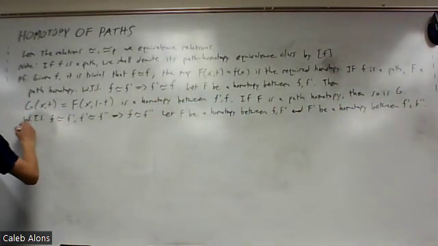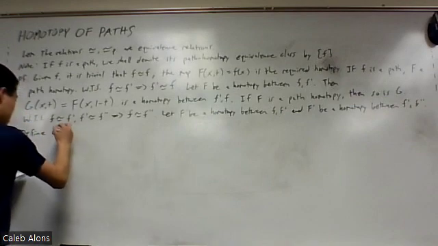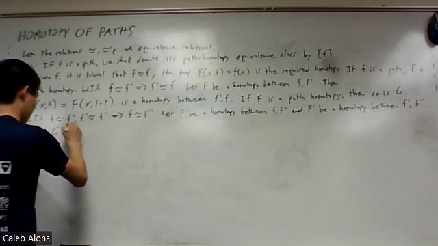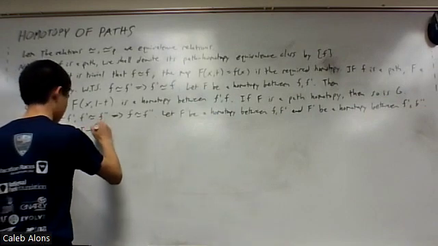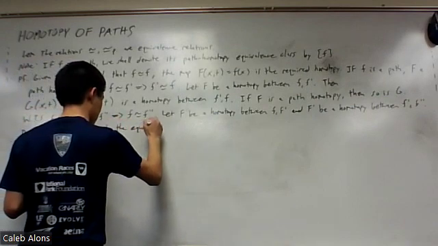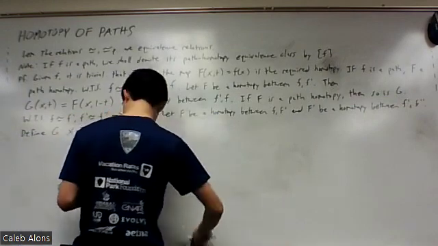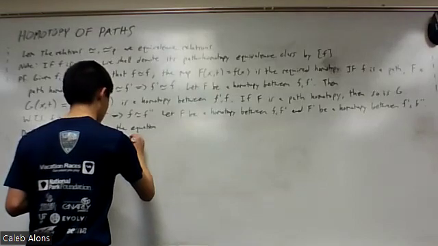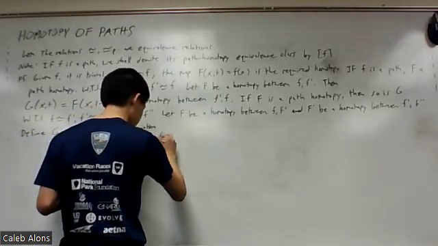Then we can define, again, a convenient map G that'll take X cross I to Y by the equation G(x,t), and we'll split it.